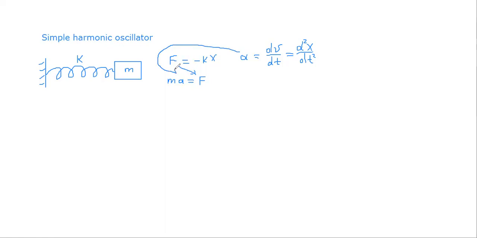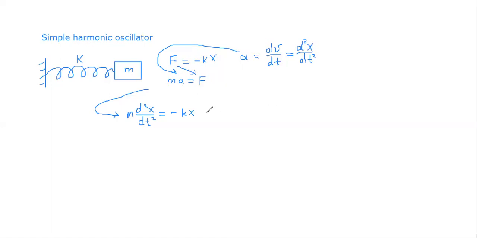Let's substitute this here, and we obtain that mass multiplied by the second derivative of coordinate, d2x by dt2, is equal to minus k x.